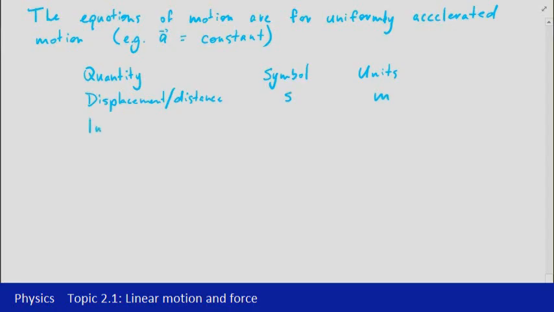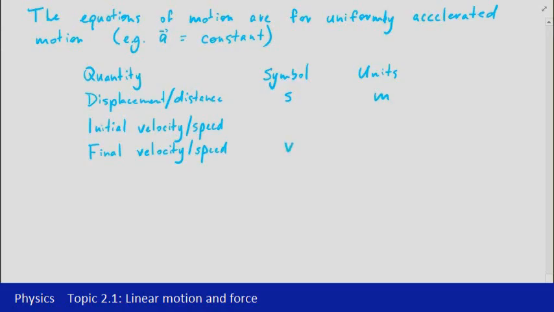Velocity is the critical one here. We're going to split that up into the initial velocity or initial speed and a final velocity and speed. Now, we know that the symbol that we use for velocity is v as a vector, and we also use that as v for speed as a scalar.